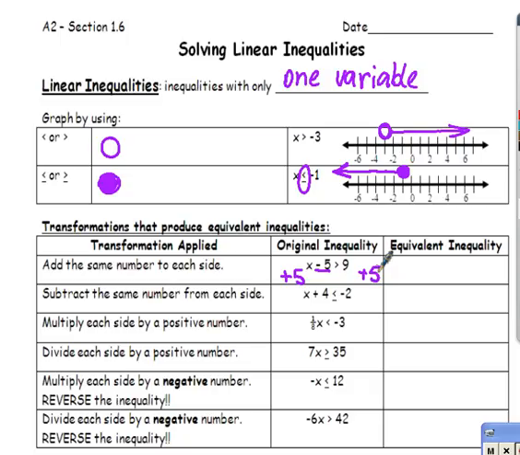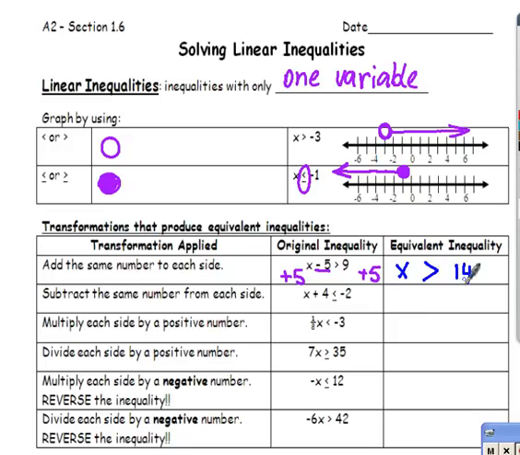Keep it the same. And what we get is x on the left hand side, because x minus 5 plus 5 is x, is greater than 14. Wonderful.